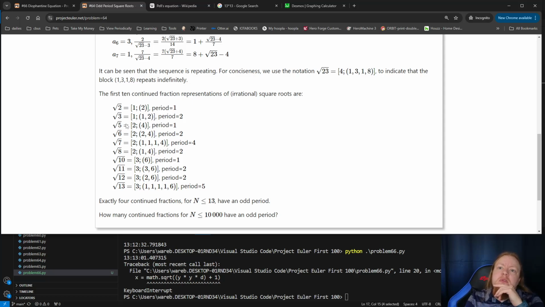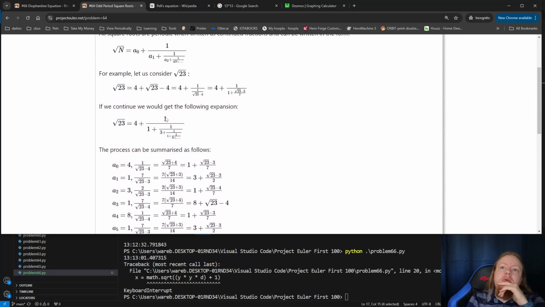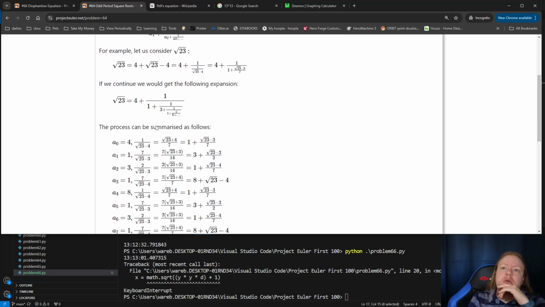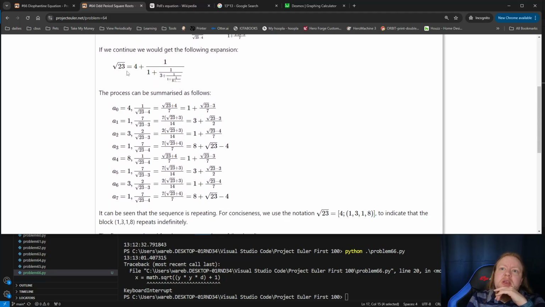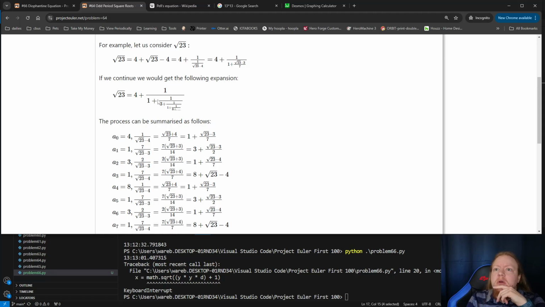The square root of 5 is 2 point something. And if we use this approximation, the square root of 5 is equal to 2 plus 1 over 4 plus 1 over 4 plus 1 over 4.